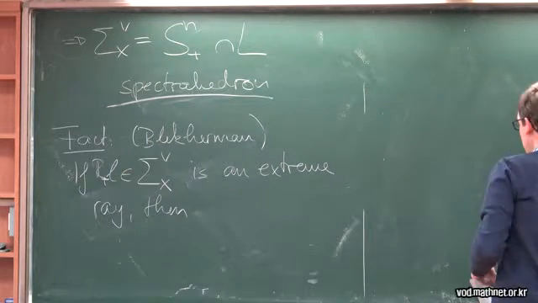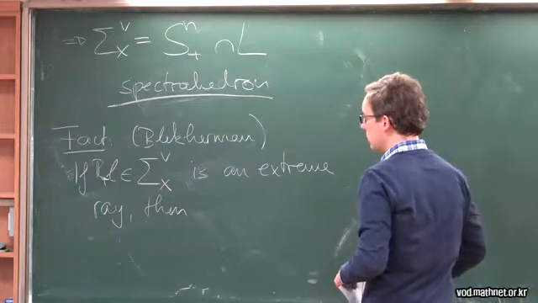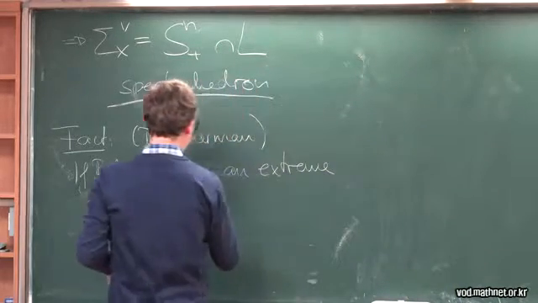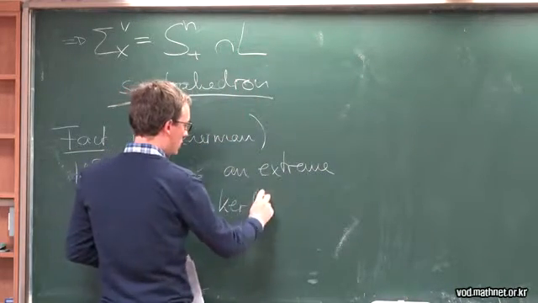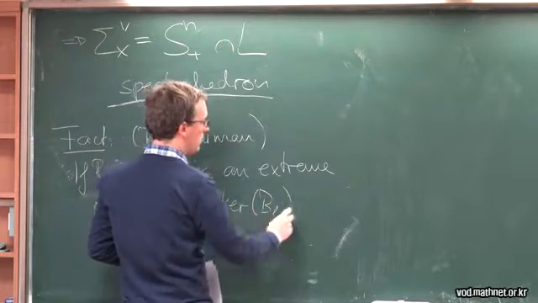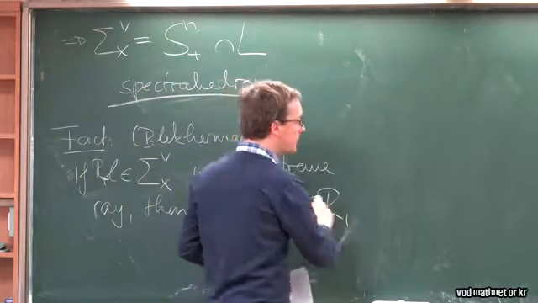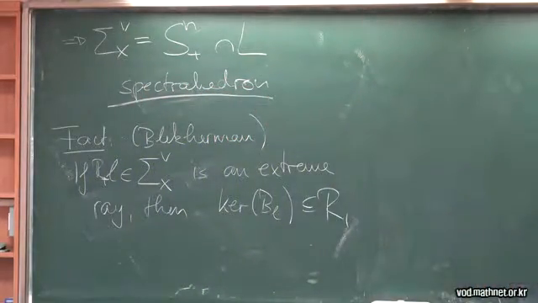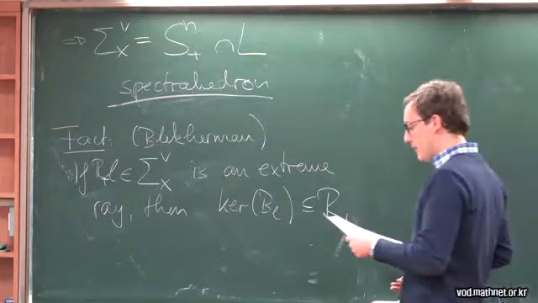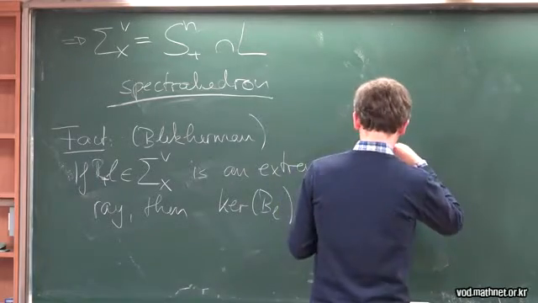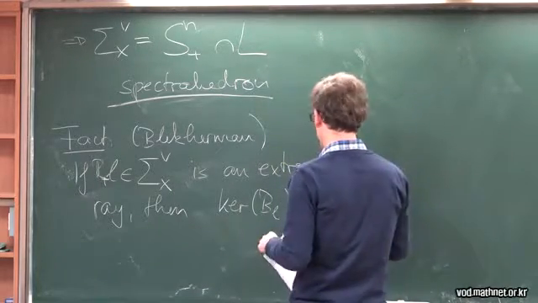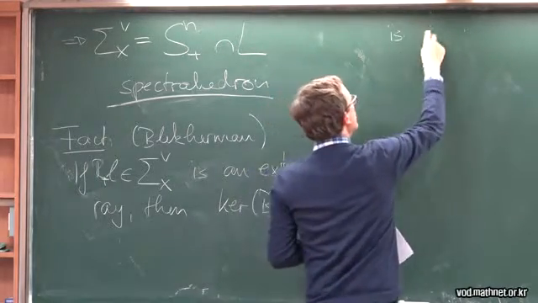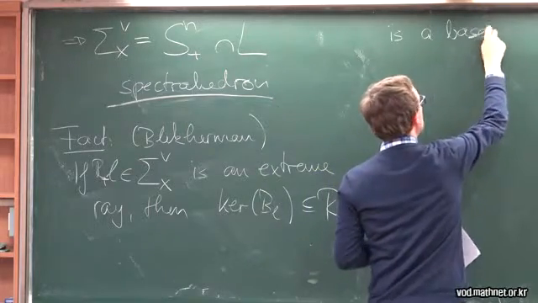So given this extreme ray, I will just take the kernel, which will be a bunch of linear forms, and these linear forms are very special. So this is a base point free linear series on X.